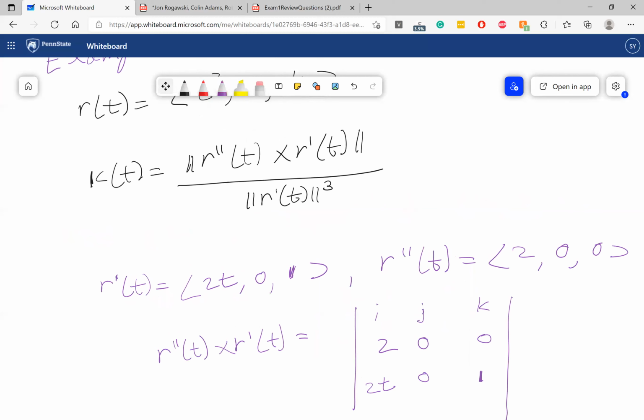This just changes a sign, but let's do it this way: r prime of t, with 2t, 0, 1, then 2, 0, 0. Okay, any questions so far?